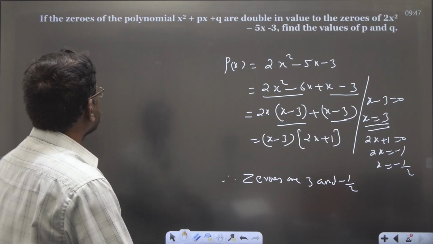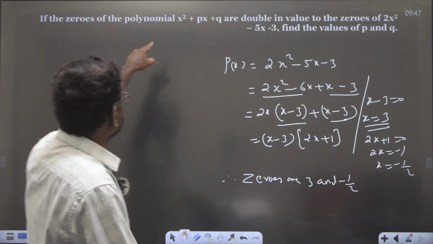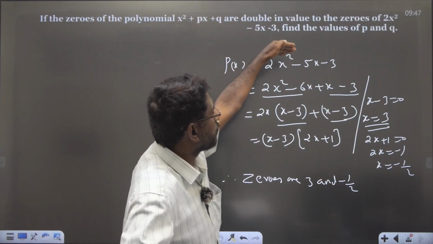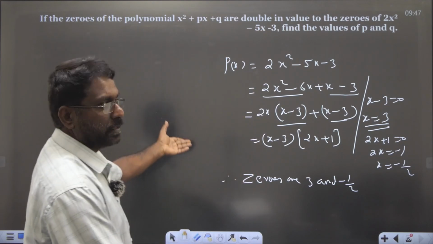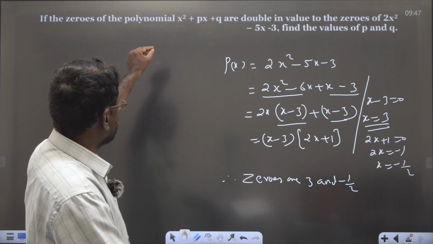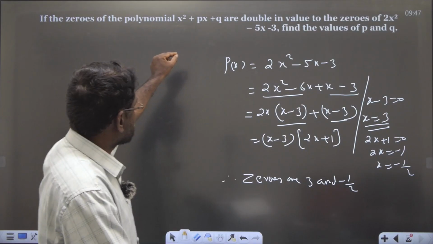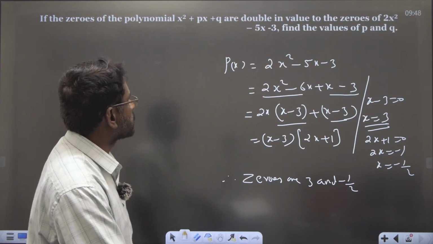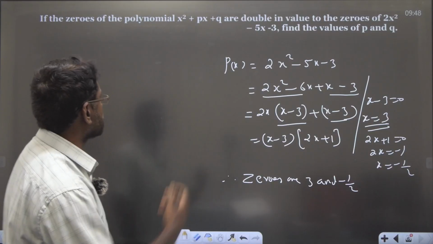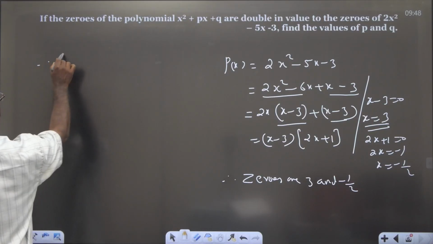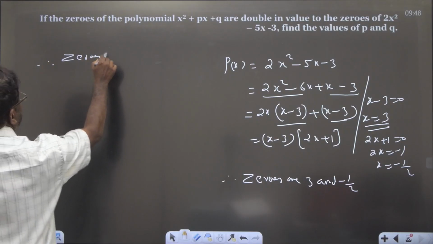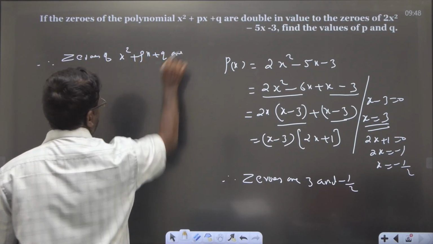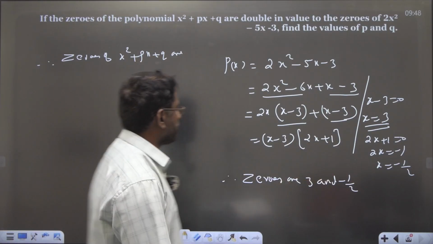As per the question, the zeros of the polynomial x square plus px plus q are double the value of the zeros of 2x square minus 5x minus 3. Therefore, the zeros of x square plus px plus q are double of 3 and double of minus 1 by 2.